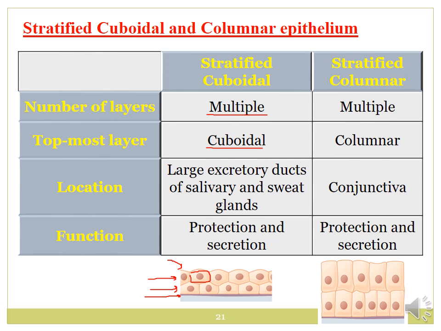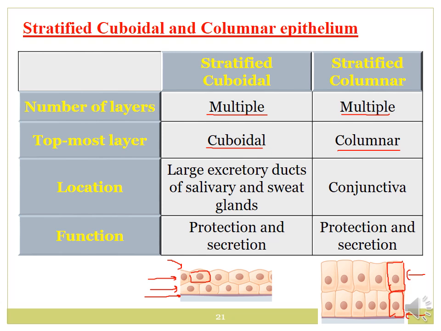Stratified columnar, also multiple layers. The topmost layer is formed of columnar cells. So here is the basement membrane. This is one layer, and this is another layer. What we care about is this layer here, the farthest away from the basement membrane, and it is formed of columnar cells.